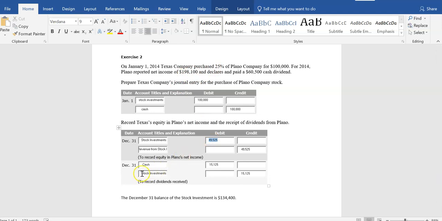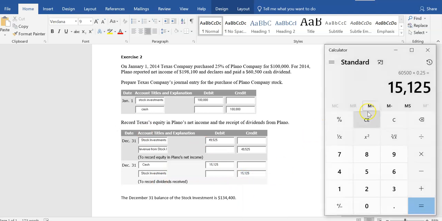And then when some of that income was then paid out of the investee, it ended up decreasing the value of that investment to Texas Company. Okay, and that's essentially what we're doing, is we're trying to ensure that we keep track of the value of their 25% interest in Plano Company. And that interest increases as revenues are earned, but then as some of those revenues are paid out in dividends, it decreases the value of the stock investment.